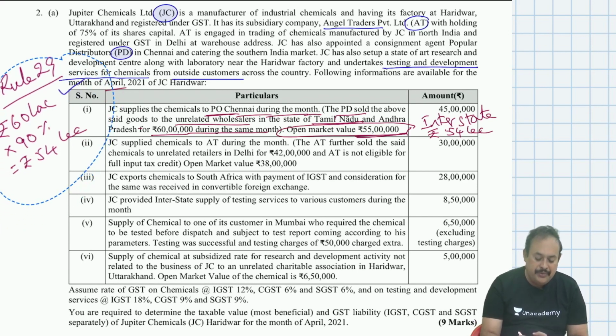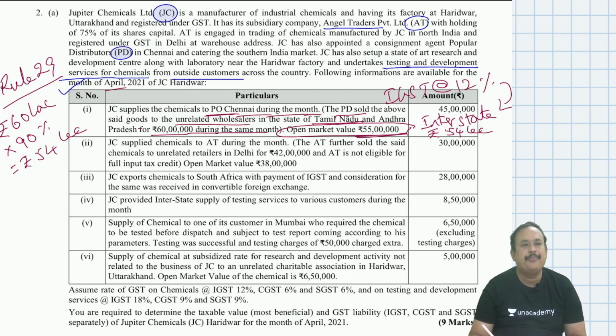Got the clarity, my dear friends? Will attract IGST since chemicals 12% IGST, which will attract IGST here at the rate of 12%. IGST at the rate of 12% applicable on this.